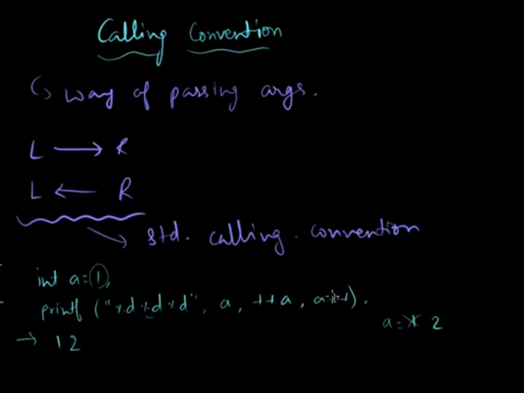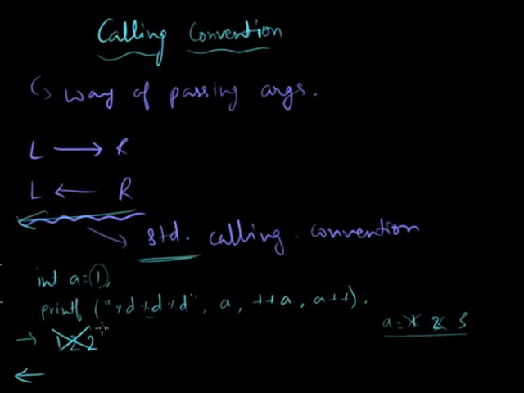Then post increment: first use, then increment. So first use, 2, and then increment. But this is wrong actually. This method of going left to right is wrong, because the C calling convention is the standard calling convention, which is right to left. So in any function, the arguments are passed from right to left.